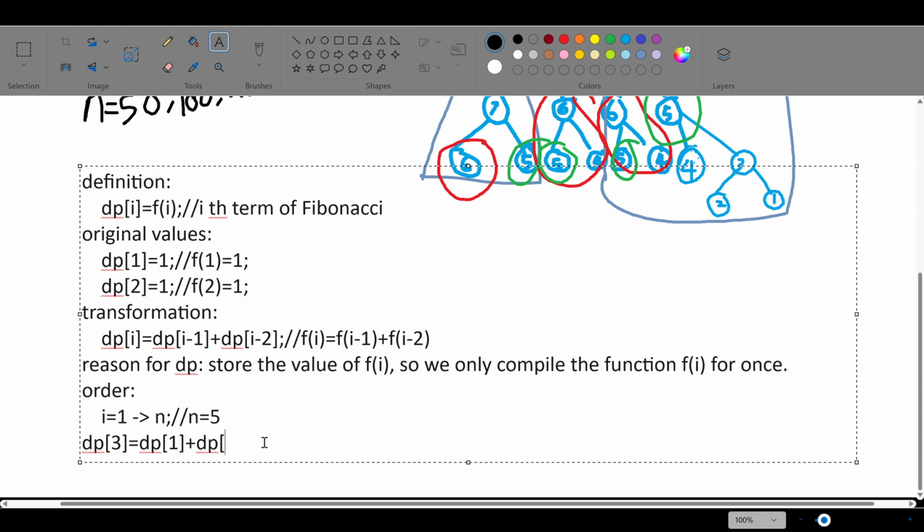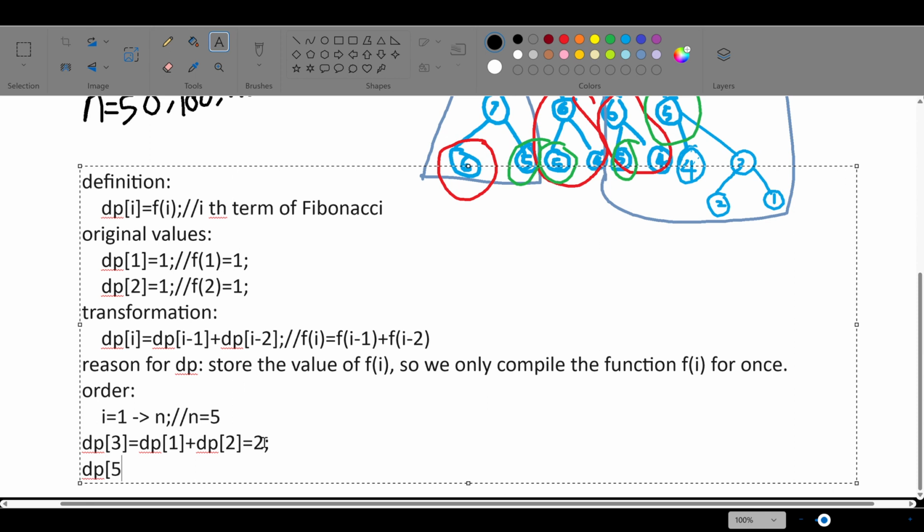Basically here, say we want n equals 5. We start by defining dp3. So dp3 is equal to dp1 plus dp2, and that just gives us 2. And then we have dp4, which is equal to dp3 plus dp2.